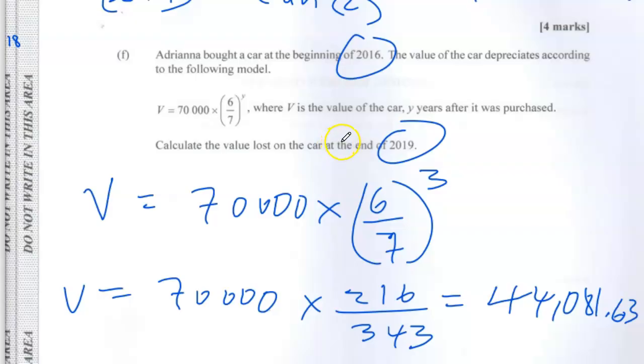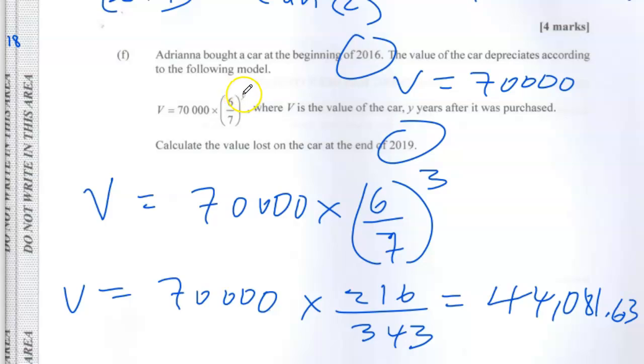So if you think about the original value, year 0, the original value will be 70,000 times 6 over 7 to the power of 0. That's the moment the car was bought.